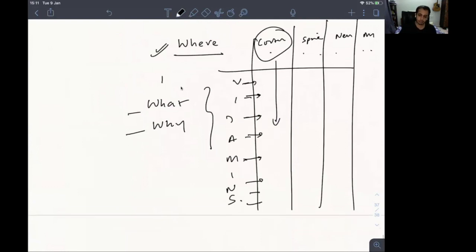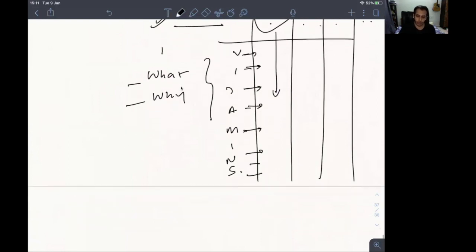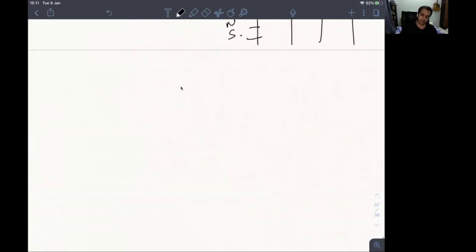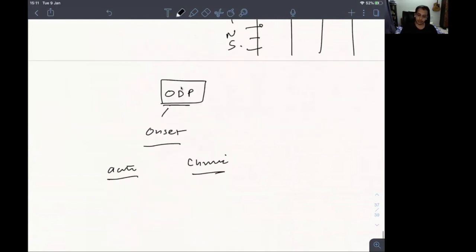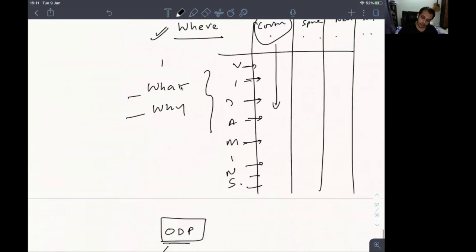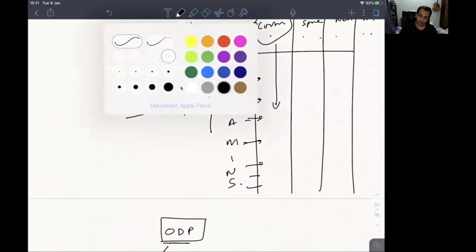Now, a couple of points on how to evaluate what and why. The main thing is history and examination. And in your history, the main thing is ODP. So what is the onset? Was it acute or chronic? That itself will give you a much better idea, because in your VITAMINS, your vascular causes and your inflammatory causes are more likely to be acute.